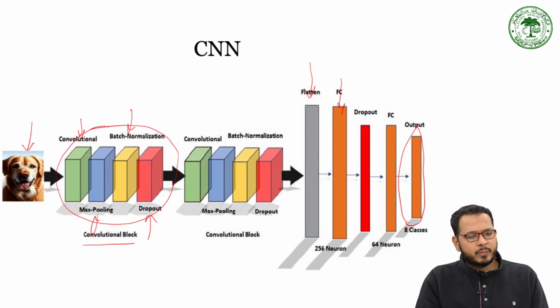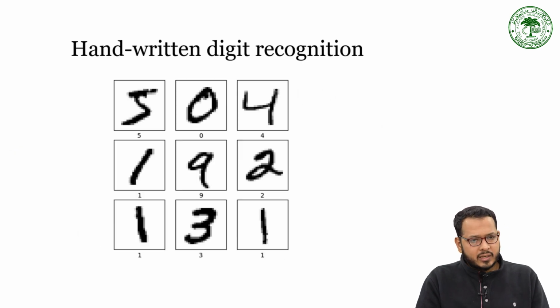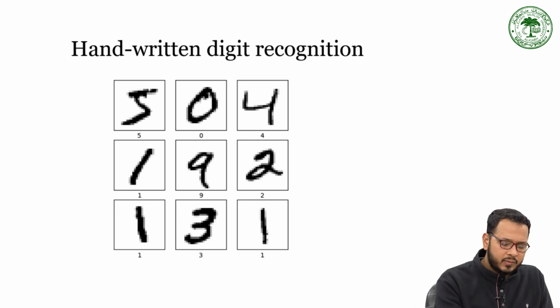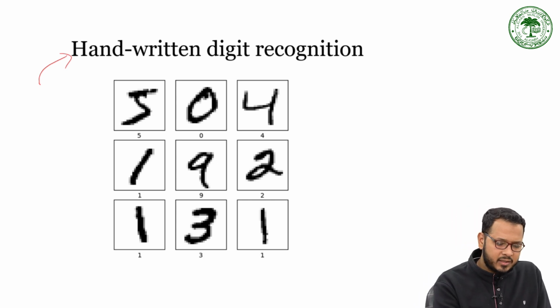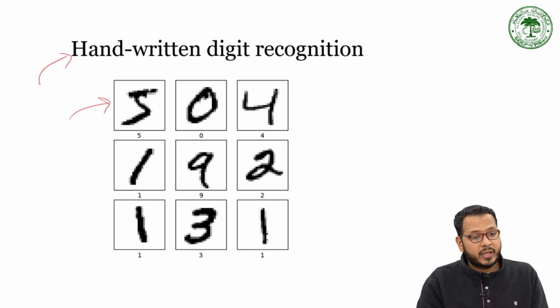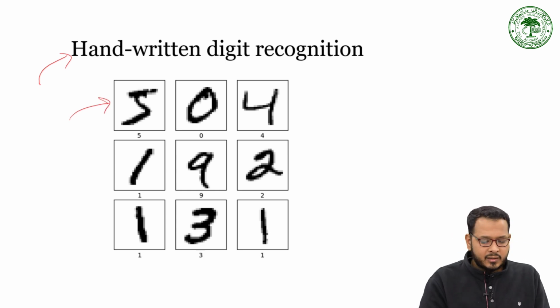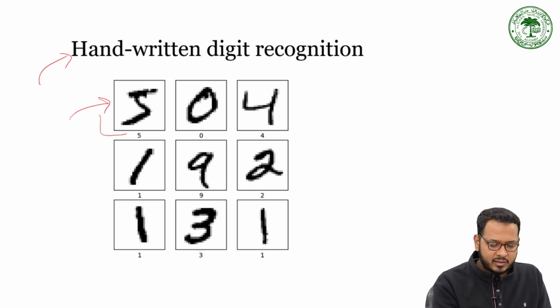Before we go into the implementation part of both the approaches, let's discuss the problem statement for today. Today we will try to do a task called handwritten digit recognition, where we have images like this which are written by humans and their corresponding class is also given.